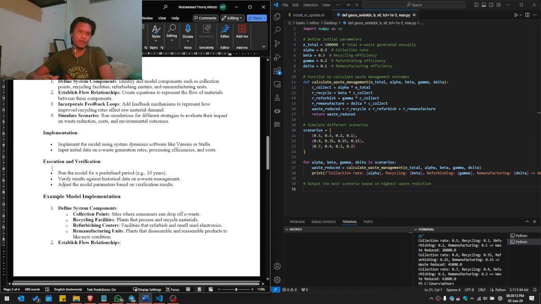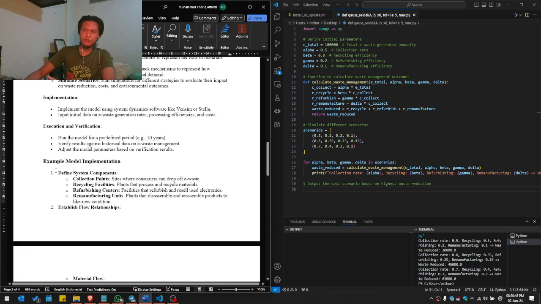And finally, the execution and verification. The execution is we run the model for a predefined period, for example 10 years, and we verify the results using historical data on e-waste management that already exists. And finally, we adjust model parameters based on verification results to ensure more accurate answers.